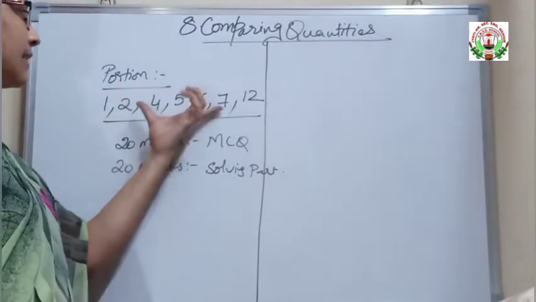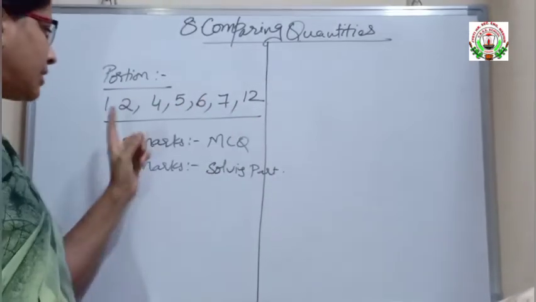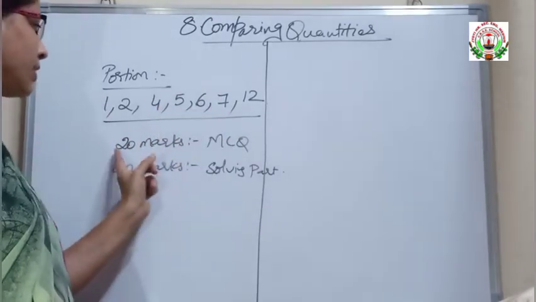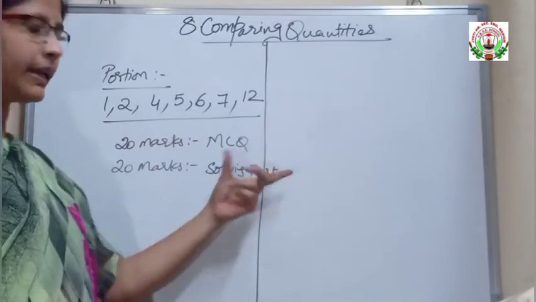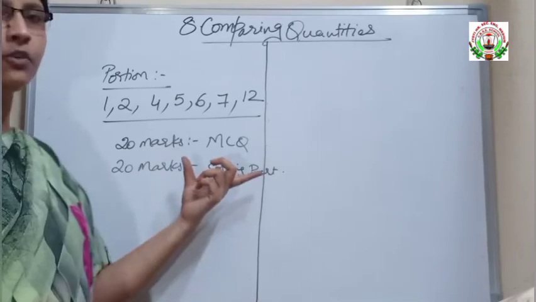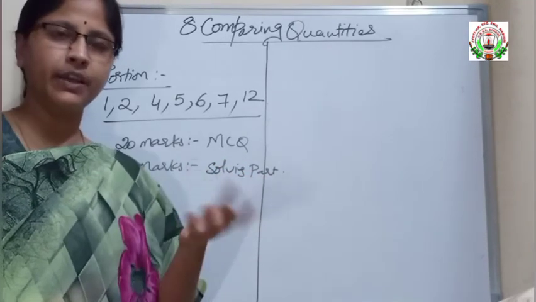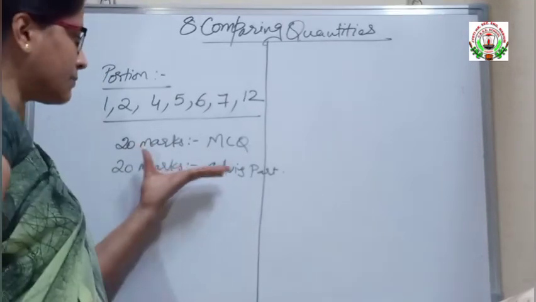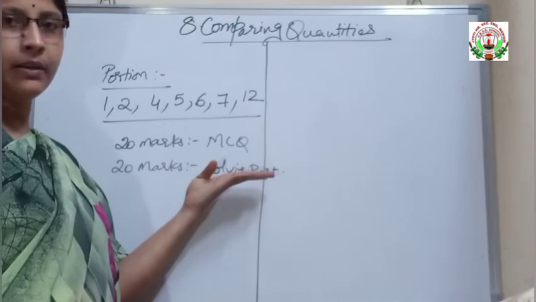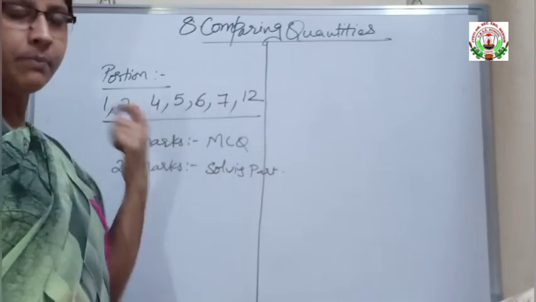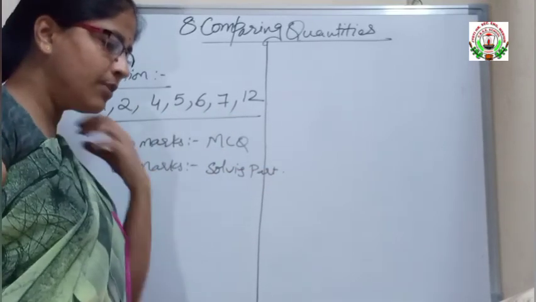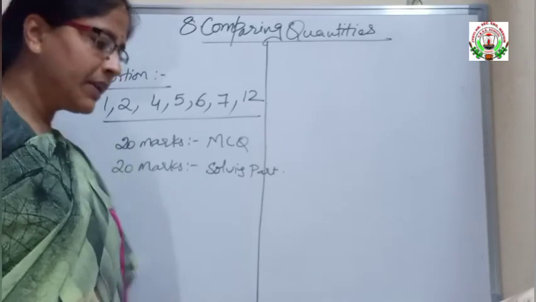From these chapters only, 20 marks MCQs will be there and 20 marks solving part will be there, that is your simplification, your problem solving, everything comes from this solving part. So with this we are going to complete our class today. Let us continue in the next period.